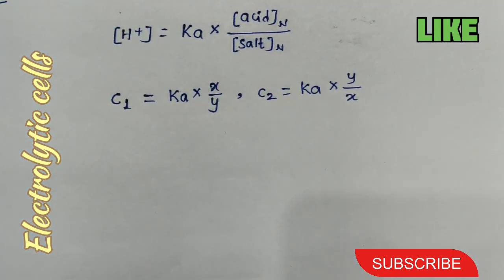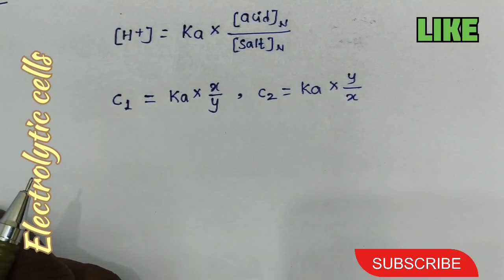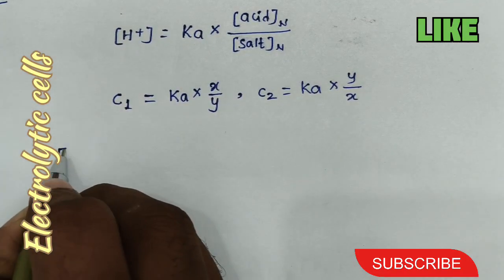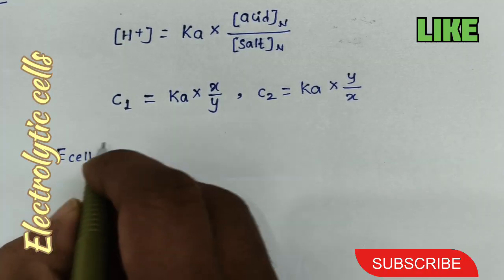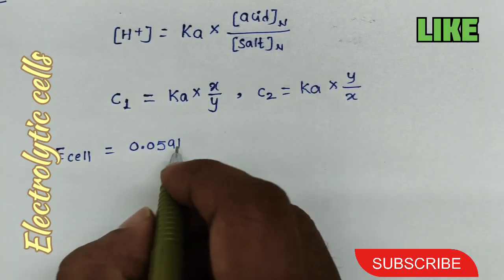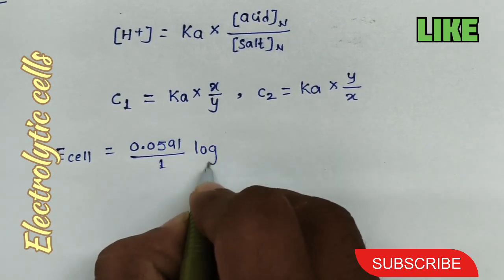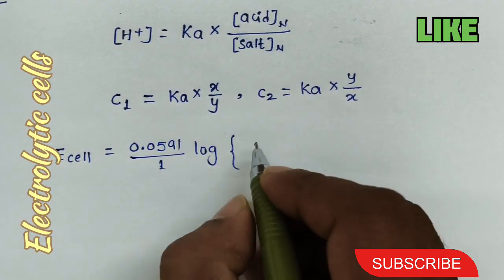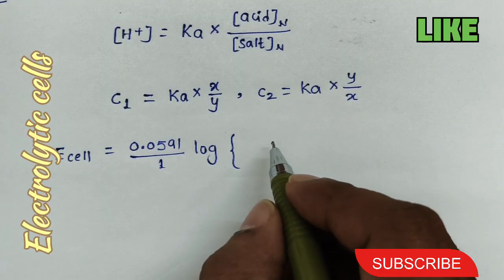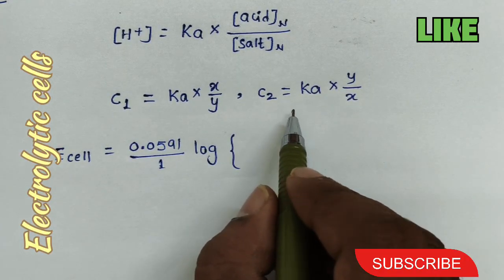So C1 and C2, these two concentrations we now substitute in the formula. So what is the formula? According to the Nernst equation, we know that E cell is equal to 0.0591 by 1 log of, here product concentration means we can write C2 alone.